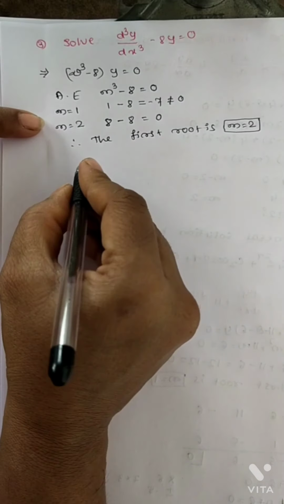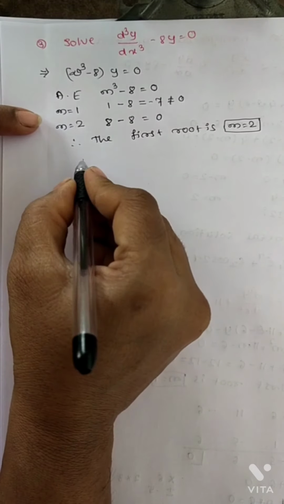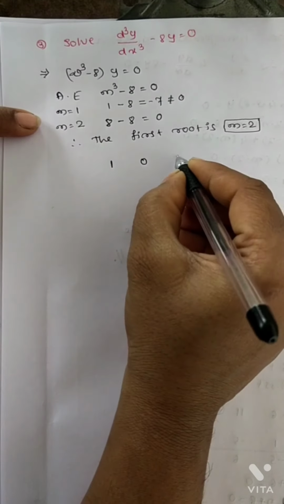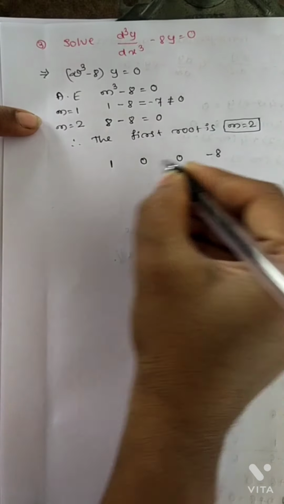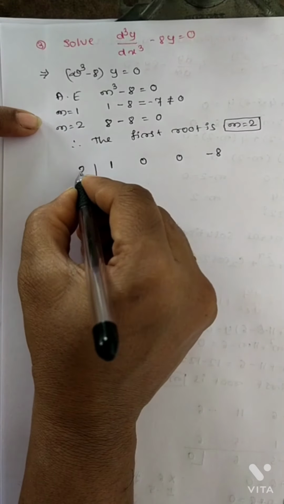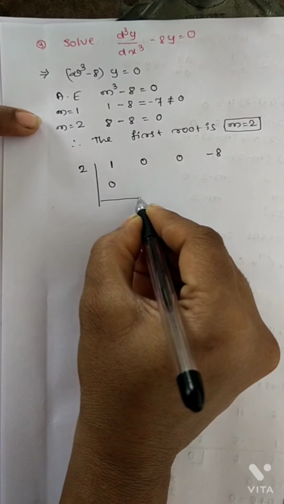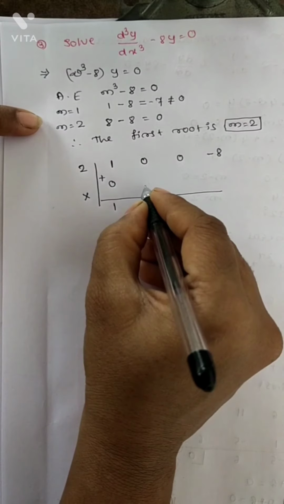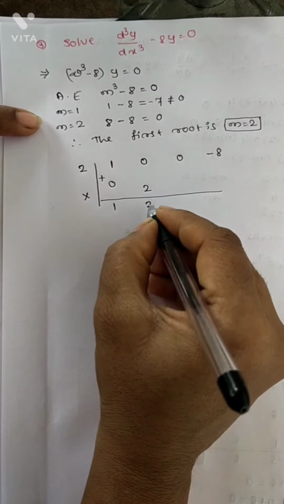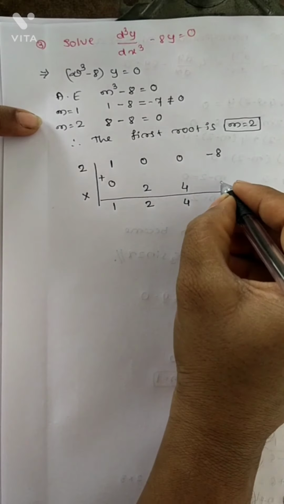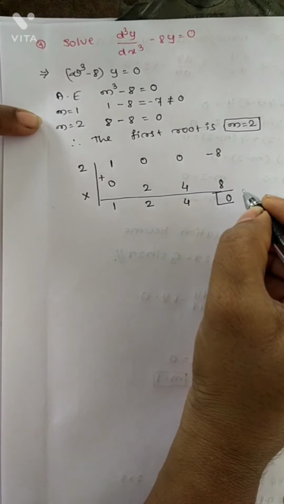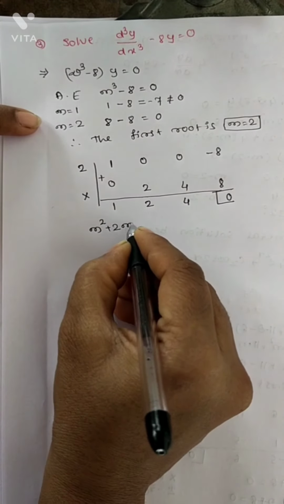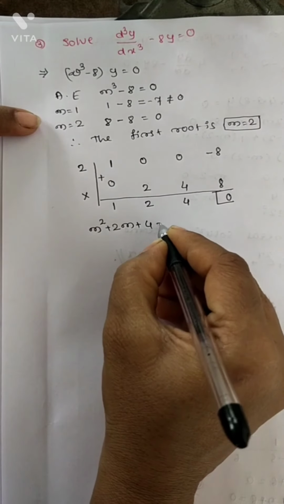Next, after getting the first root by the inspection method, apply the synthetic division method. The m cube coefficient is 1, m square is 0, m is 0, constant is minus 8. The first root we write here, and the first element is 0. In between we add, and here we multiply. 1 into 2 is 2, 2 into 2 is 4, 4 into 2 is 8. Then we reduce one term and we get m square plus 2m plus 4 is equal to 0.